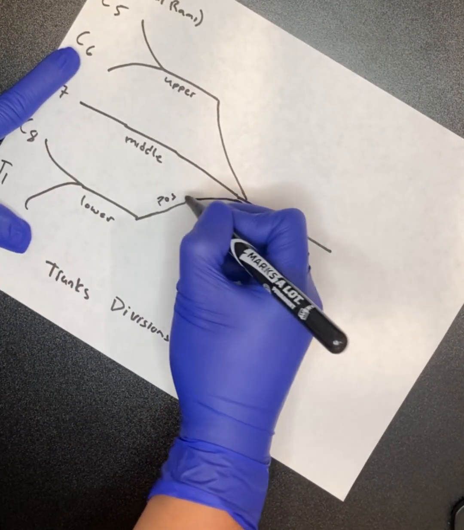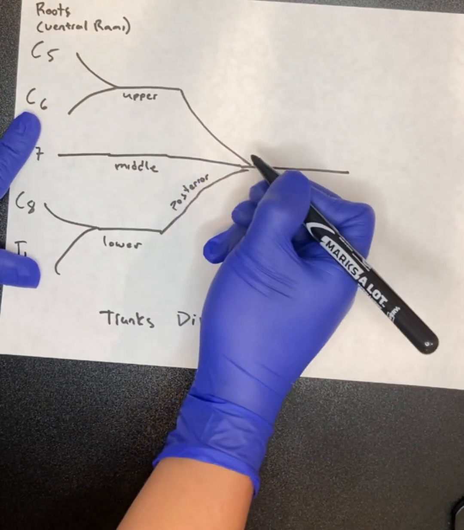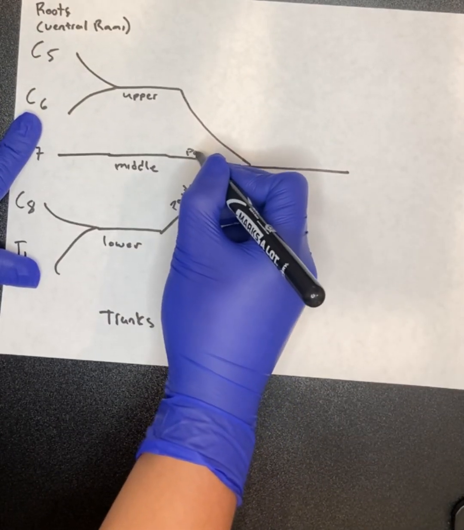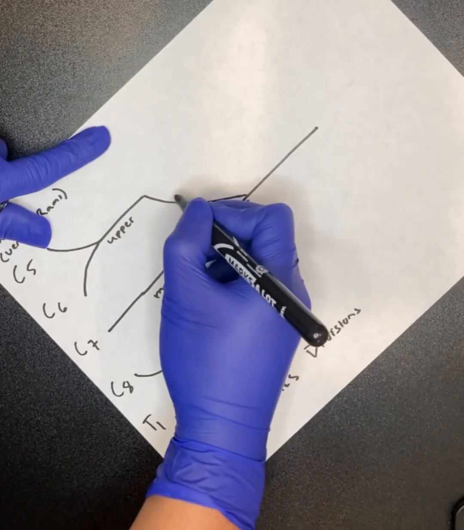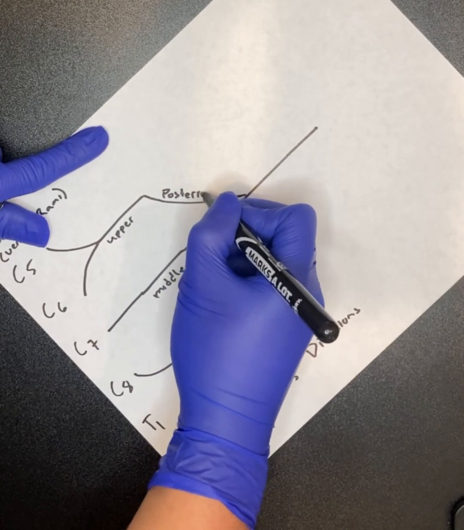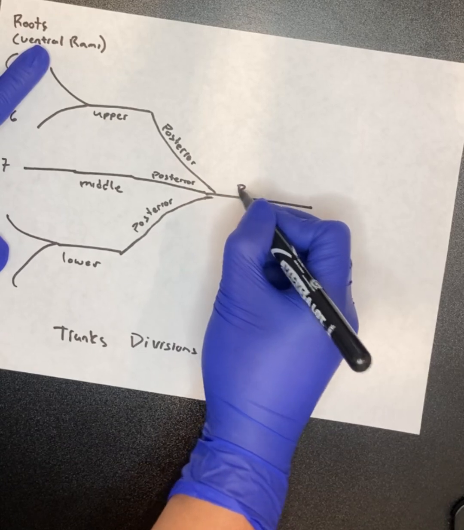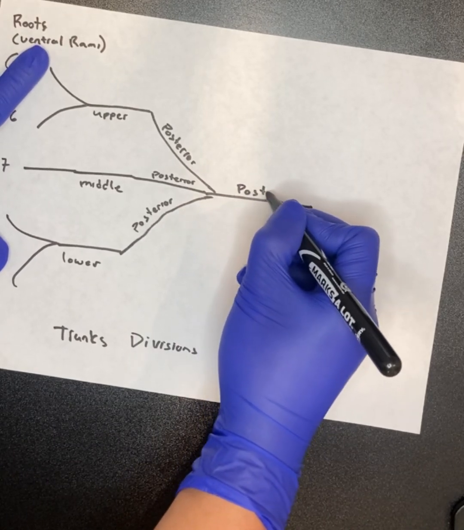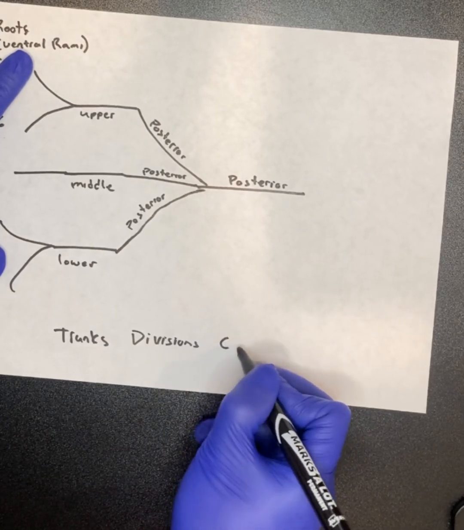So we'll have a posterior division from the lower trunk, a posterior division from the middle trunk, and a posterior division from the upper trunk. All 3 of these posterior divisions will form the posterior cord of the brachial plexus.